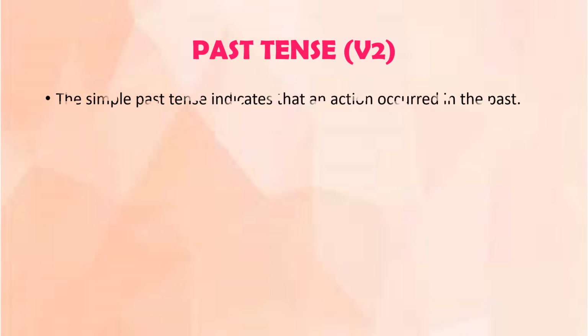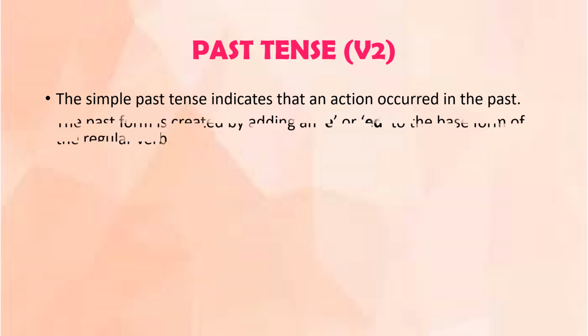Past tense or verb 2. The simple past tense indicates that an action occurred in the past. The past form is created by adding an e or ed to the base form of the regular verb.